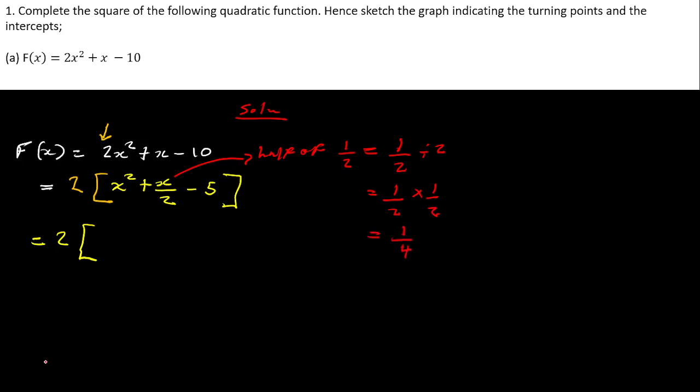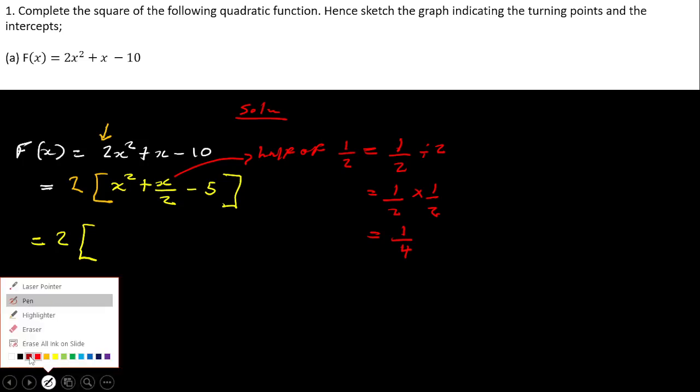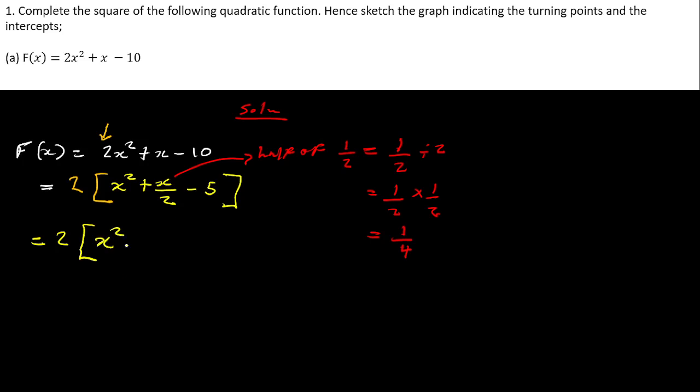What you're now going to do is write the expression inside like this. The x squared will be maintained plus x over 2, and then you are going to add and subtract the square of 1 over 4. Take note of that. You add, then subtract.